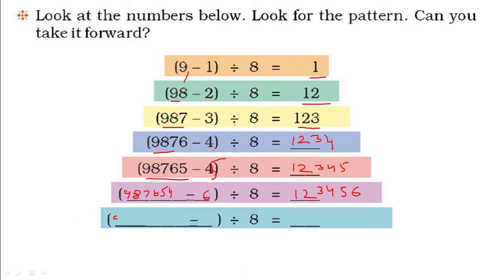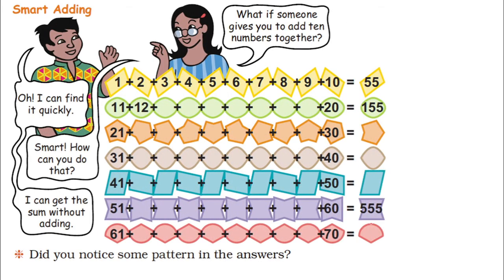Again increase by 1 digit, 9 8 7 6 5 4 3, minus 7 divided by 8, so it becomes 1234567. Okay, so in this way we can complete this number pattern. Now smart addition, we have smart addition.